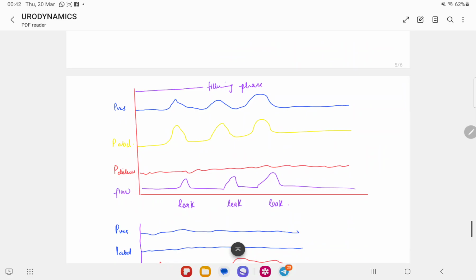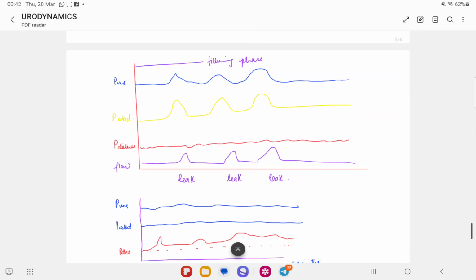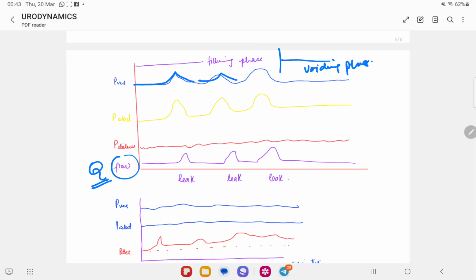Now for the purpose of simplicity, I have made these diagrams myself to teach you to get the concept. This was the filling phase, this is the voiding phase. Okay, this should be the flow, which is usually called the Q. So when the vesical pressure is increasing, what is the difference between the cough and the stress urinary incontinence?